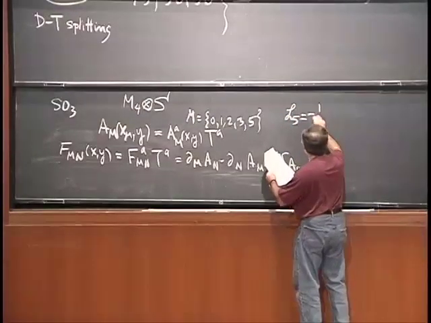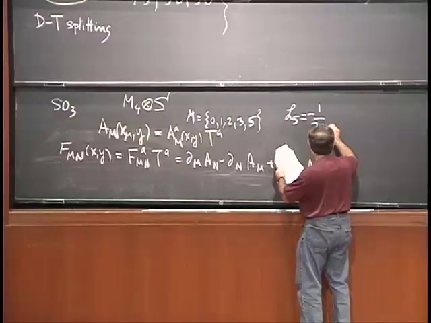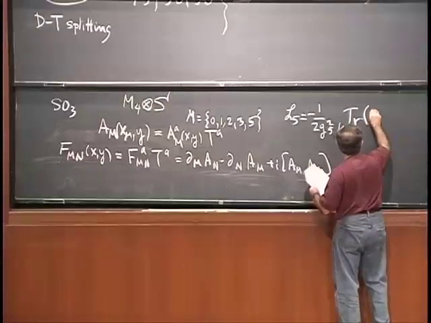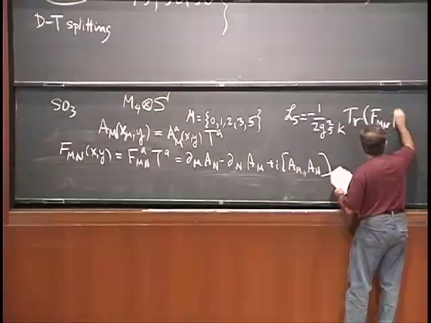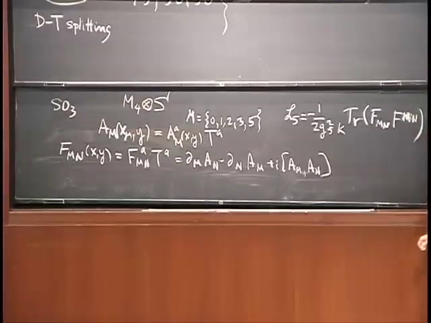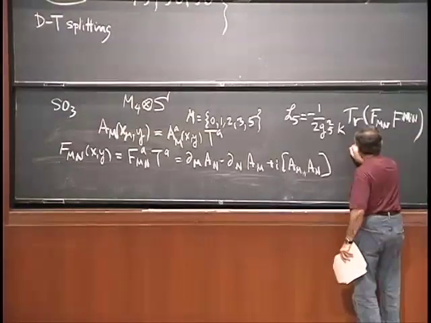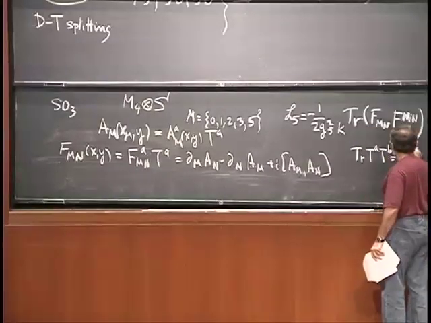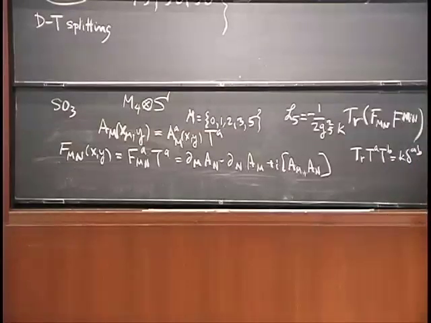We'll write it as minus 1 over 2g_5 squared times k trace of F_MN squared. Why is k there? k is there because I haven't told you how I normalize these generators. And so in general, they'll be normalized like that with a constant k. The theory is invariant under gauge transformations. The gauge transformations are the following.